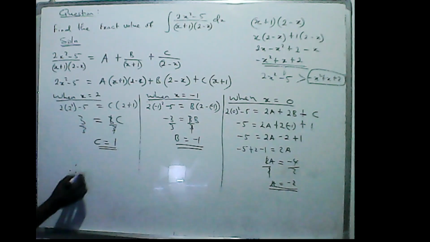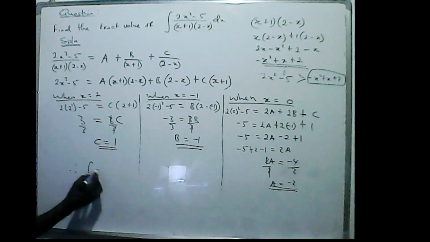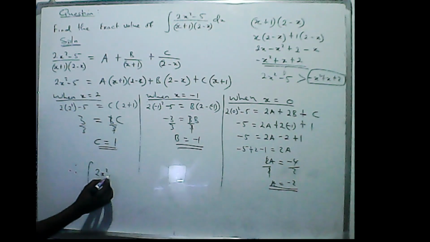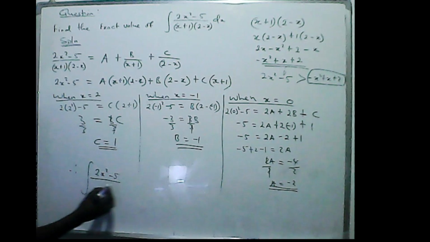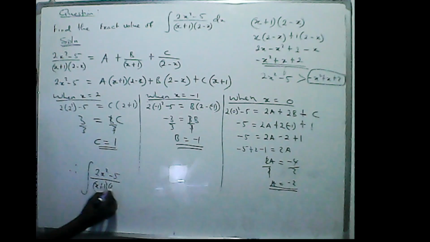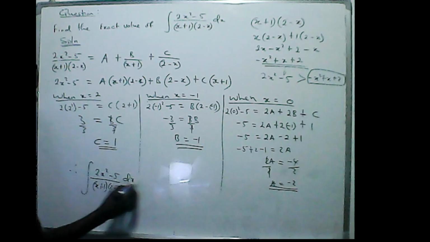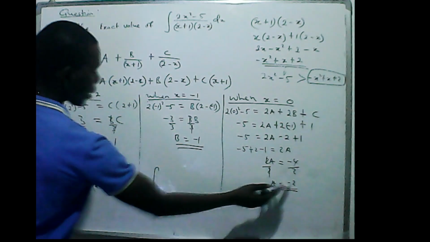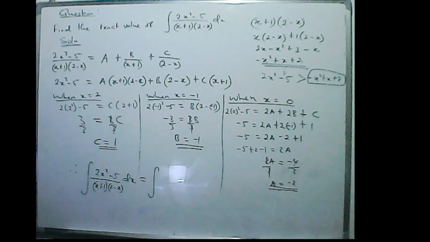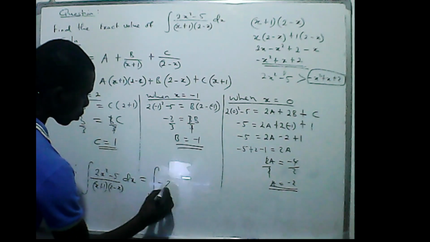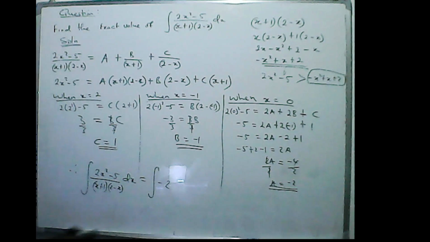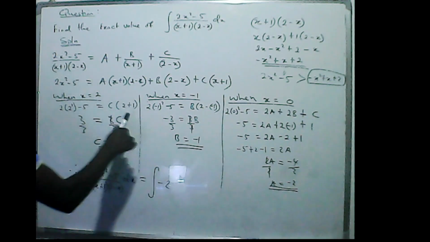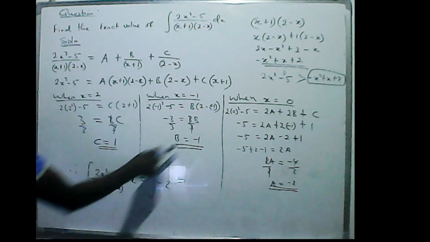Therefore, the integral of 2x squared minus 5 all over x plus 1 times 2 minus x dx can be written as the integral of, remember a, that's negative 2. So we can write negative 2 for a. Then we have our b, which is negative 1.